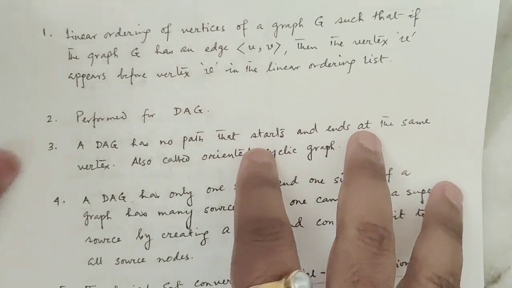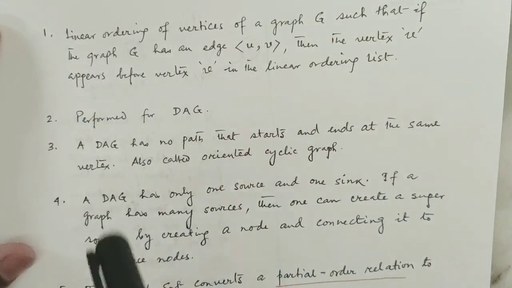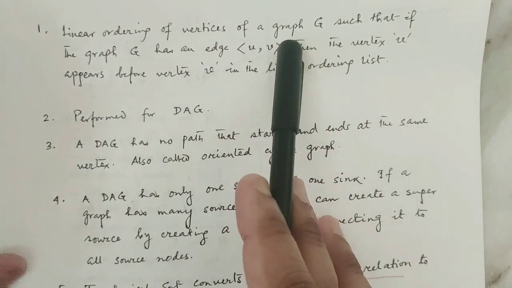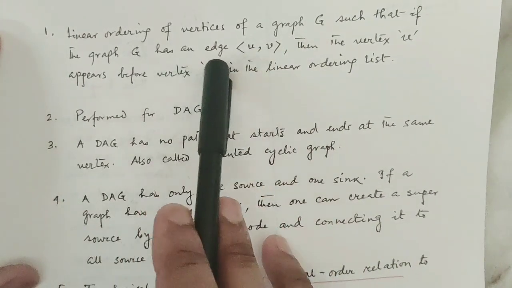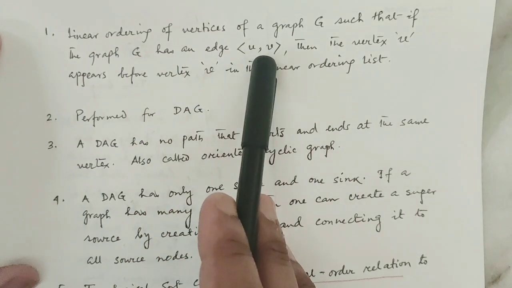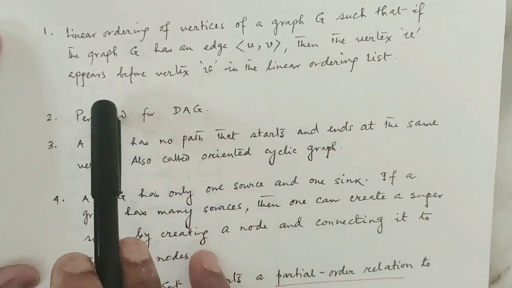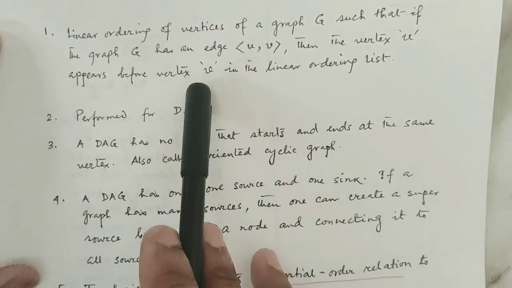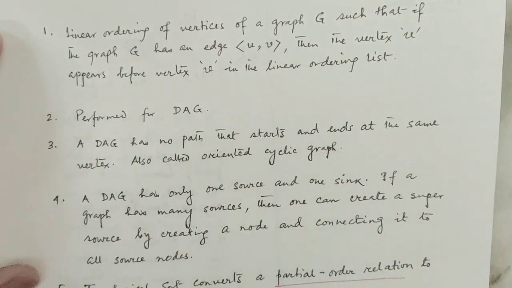Whatever we have already gone through regarding topological sorting, let us go for a brief summary. It is a linear ordering of vertices of a graph, suppose it is G, such that if the graph G has an edge from U to V, then the vertex U appears before the vertex V in the linear ordering list.